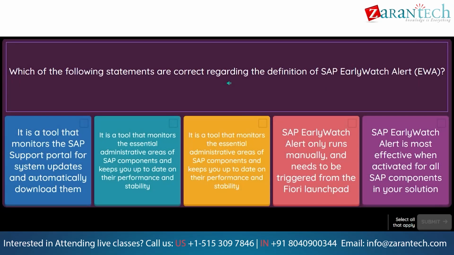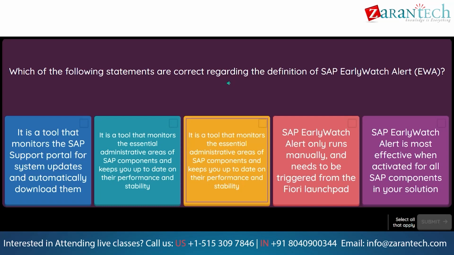Question: which of the following statements are correct regarding the definition of SAP EarlyWatch Alert, EWA? Option 1, it is a tool that monitors the SAP support portal for system updates and automatically downloads them. Option 2, it is a tool that monitors the essential administrative areas of SAP components and keeps you up to date on their performance and stability.